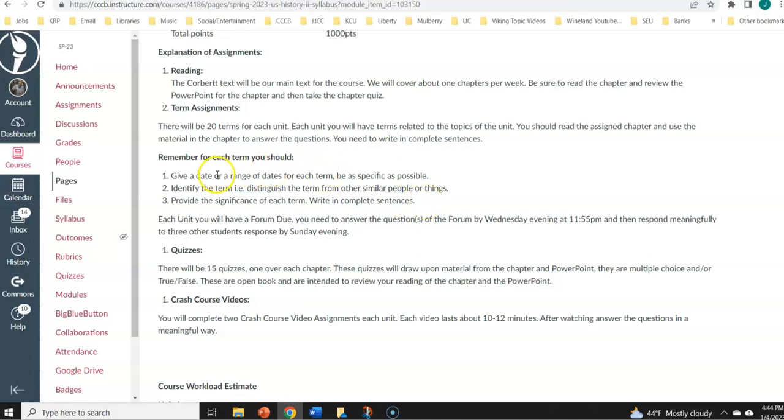And on this, you'll give a date or a range of dates. So, for example, if the term was Abraham Lincoln, which it's not going to be in this half of the course, then you would type on the page, number 1, Abraham Lincoln, put a parenthesis, give me a range of dates.